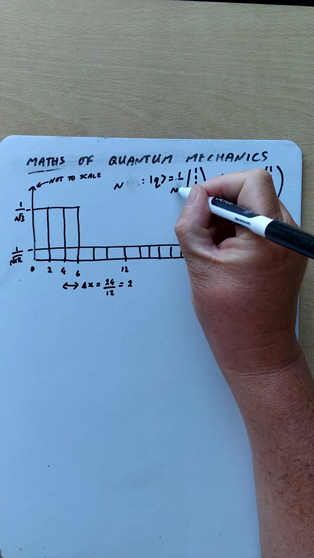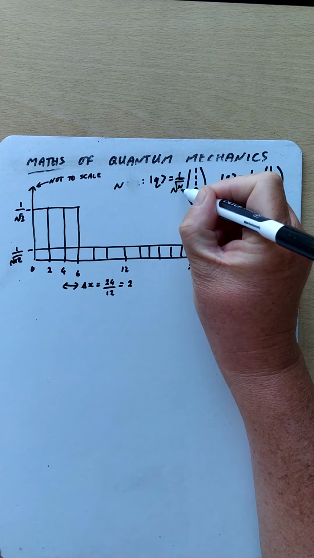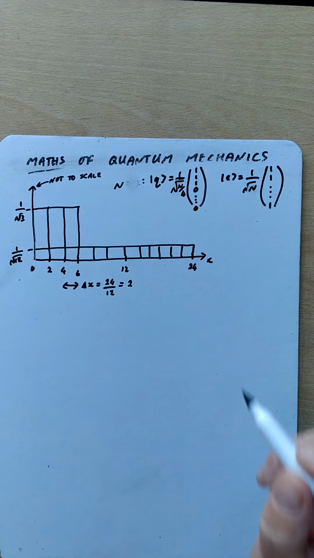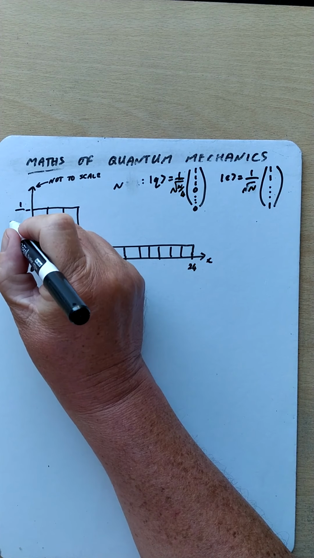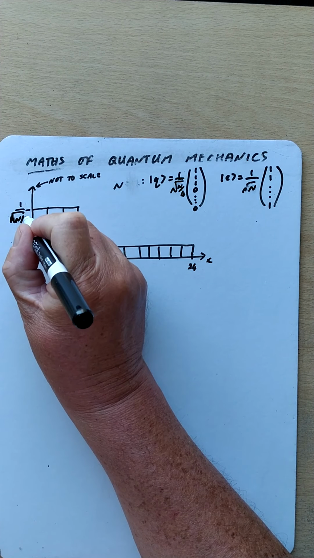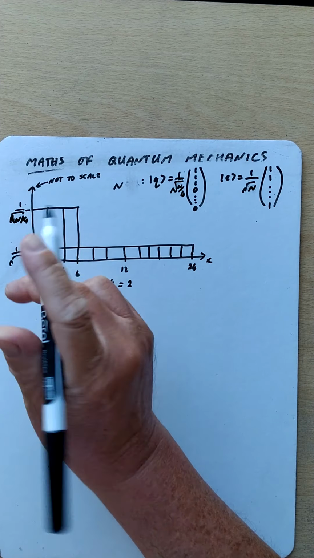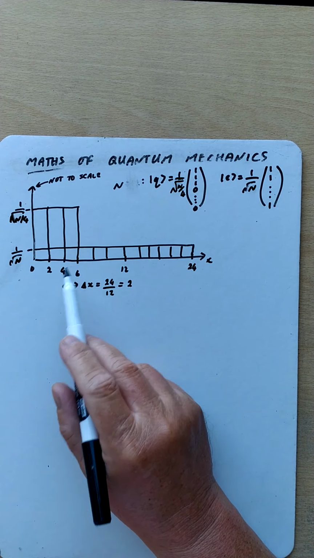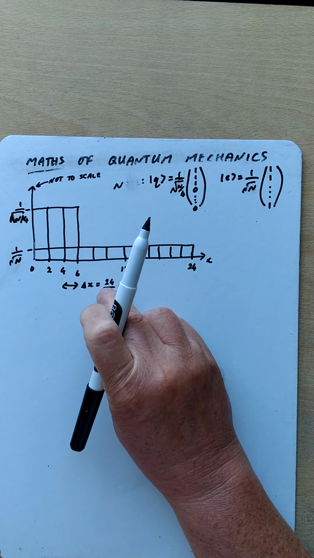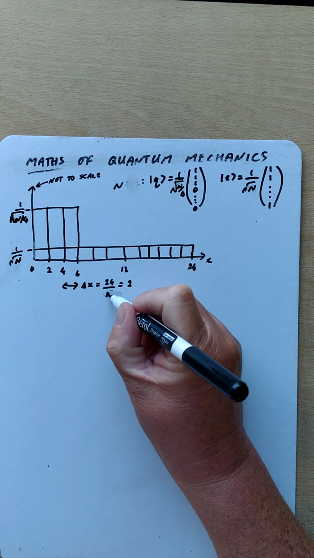So this will become root n upon 4. And we'll fill the same in here, root n upon 4, root n. And the distance between the elements now becomes 24 over n.